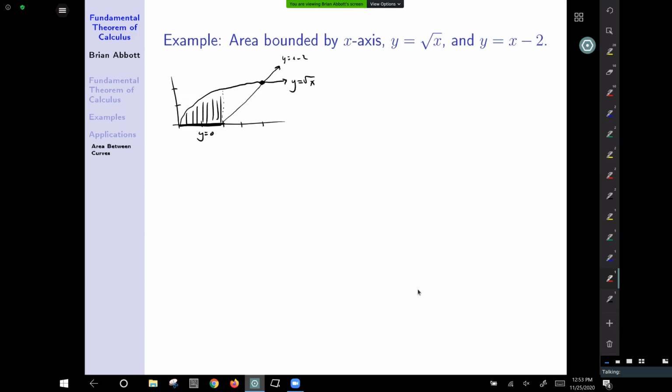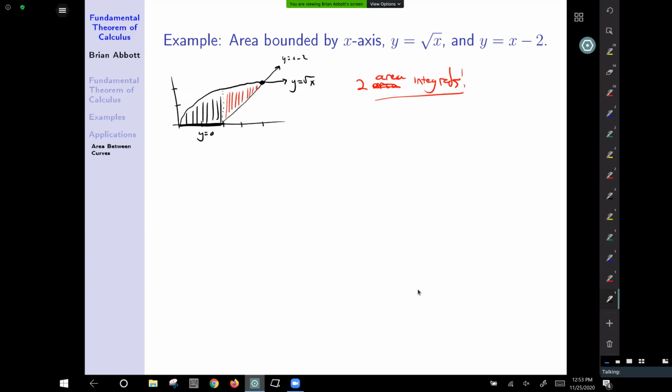Whereas if I look to the right of 2, then my top function is still going to be the square root of x, but here my bottom function is going to be that line y equals x minus 2. So when you draw your picture, it just means sometimes we have to do 2 area integrals. One for the black area to the left and one for the red area to the right.